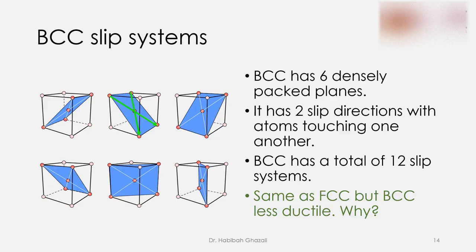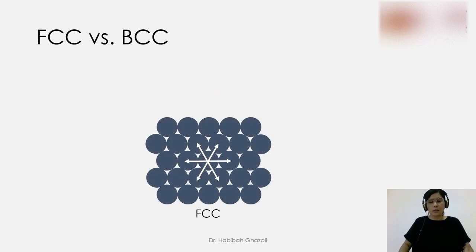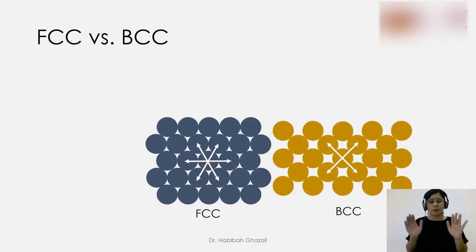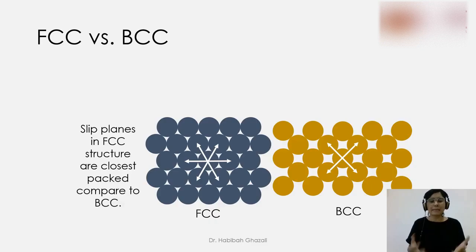Now we want to know why. The reason behind this is if we look at the close packed planes of these 2 crystal structures, you can compare the FCC close packed plane and the BCC close packed plane, which I indicate as the yellow color here. So the slip planes in FCC crystal structure are closest packed if we compare to BCC.